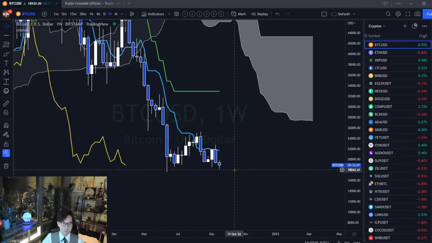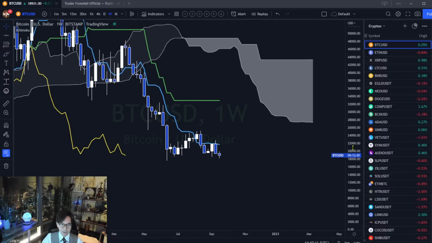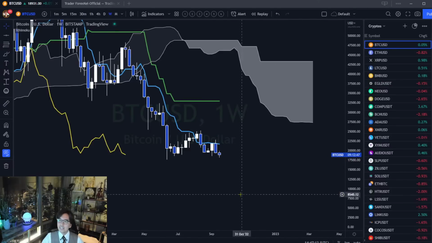So when I see this, I expect it to break the support and continuously go down, bearish. So this is a downtrend. If this were Forex, I would look for the selling edge. But since this is cryptos, and I don't trade cryptos, I only share what I see here. But this is a downtrend.